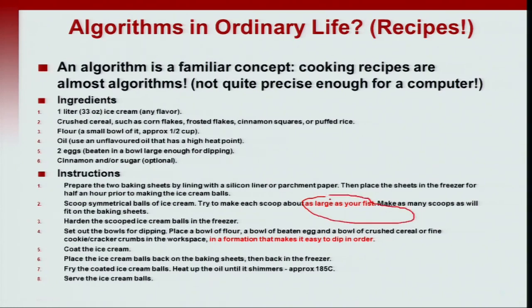Now, that of course is a vague term, because my fist could be a different size than yours, and then you will see that in a formation that makes it easy to dip in order. So, this is fairly vague, and it is not very helpful to a cook who is making this for the first time.